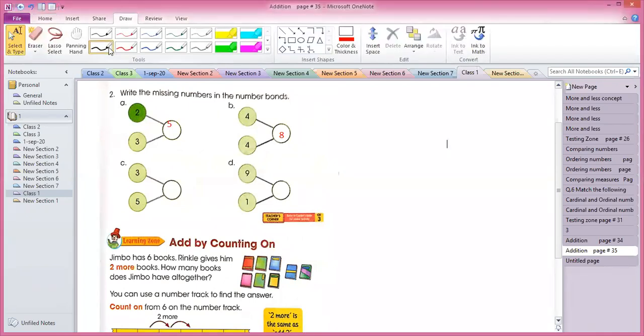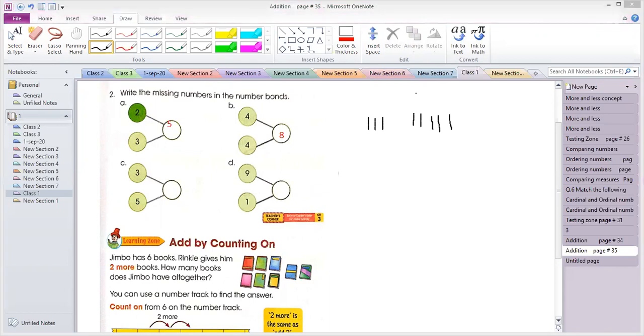If you don't know 3 plus 5, if you cannot do it by finger, draw lines. 1, 2, 3. 3 lines and 1, 2, 3, 4, 5. How many total lines are there? Count now. 1, 2, 3, 4, 5, 6, 7, 8.